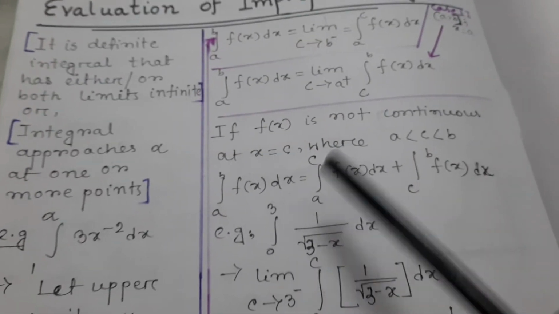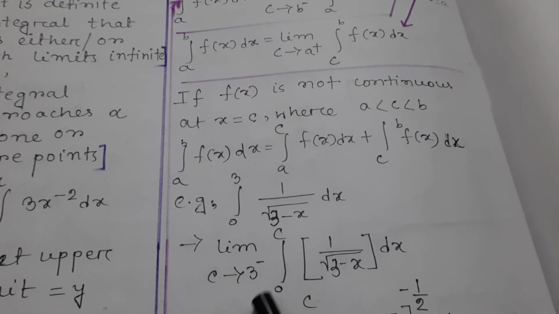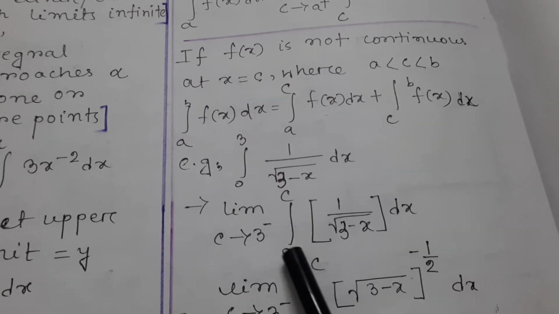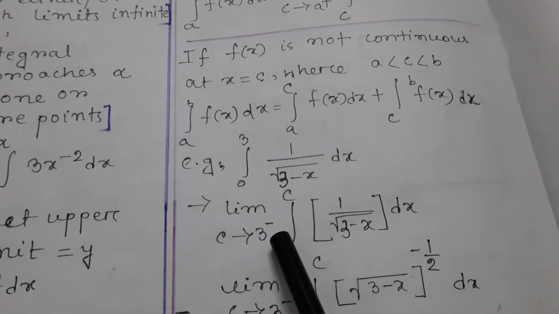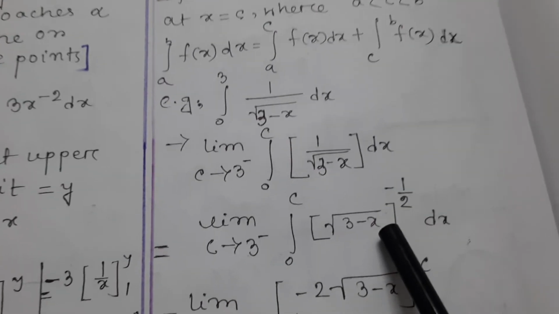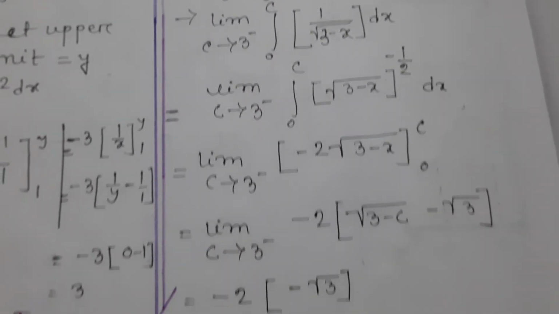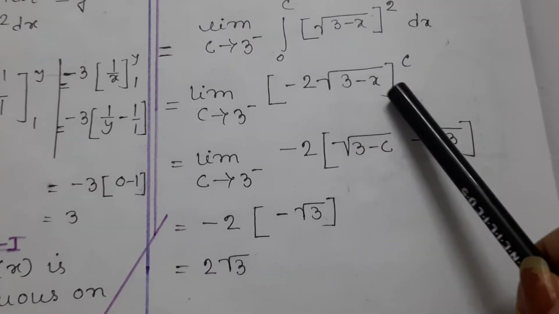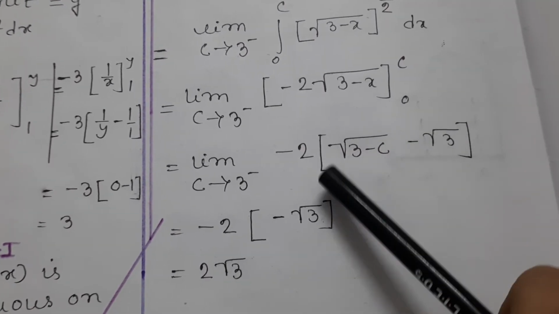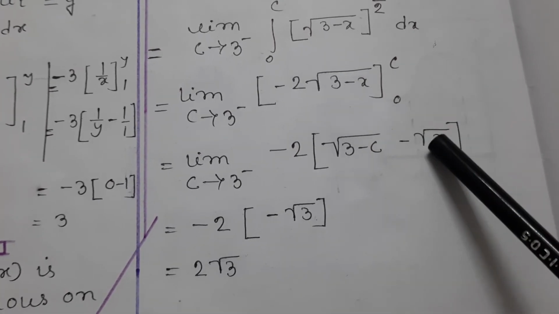So the limit as c tends to 3 from the negative side, and the integration from 0 to c, replacing the limit by c, and just normal integration here, with limits 0 to c. After that, just put the limits here: 3 minus c minus 3 minus 0.